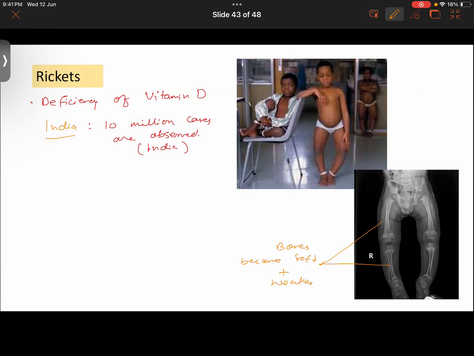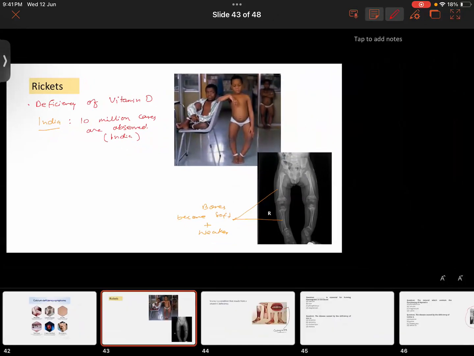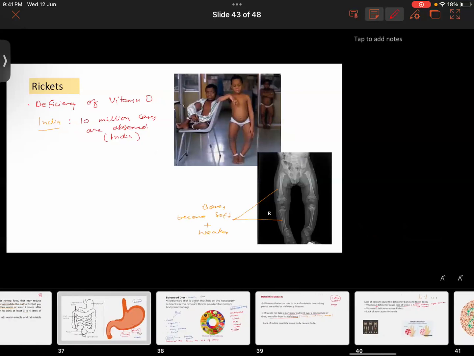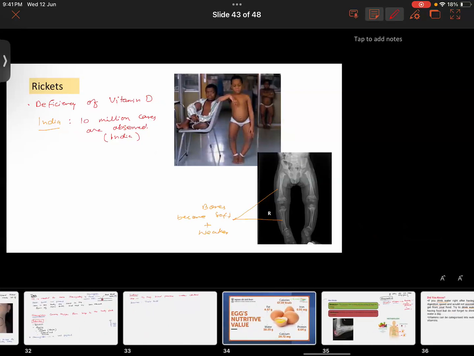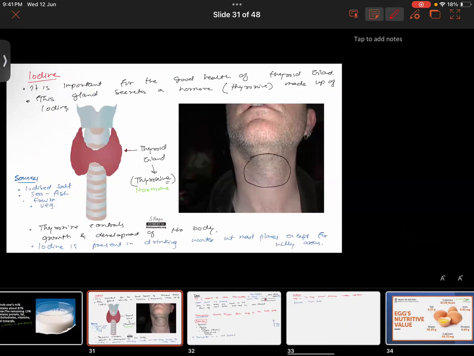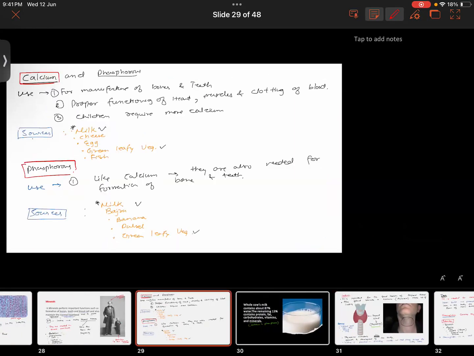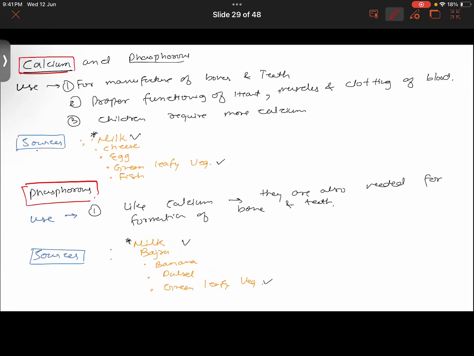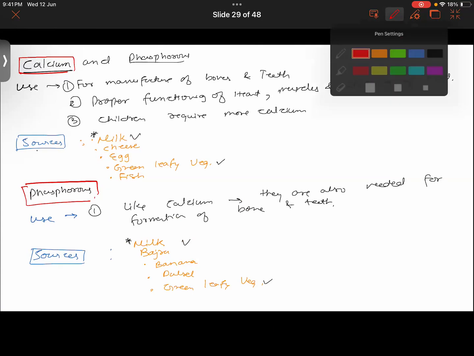Now, if you can recall, we learned an interesting thing about phosphorus. We learned about calcium and phosphorus. I already told an important thing.